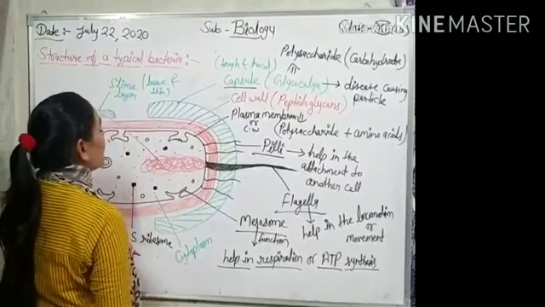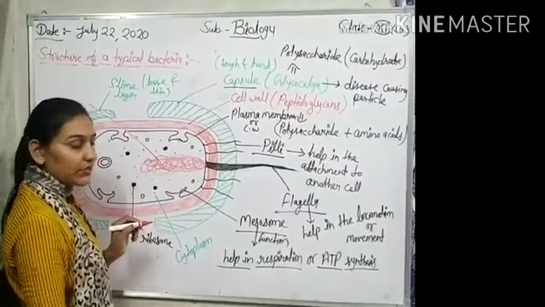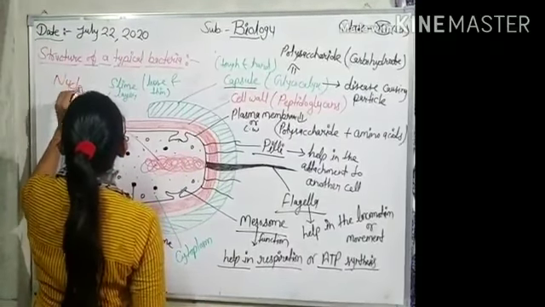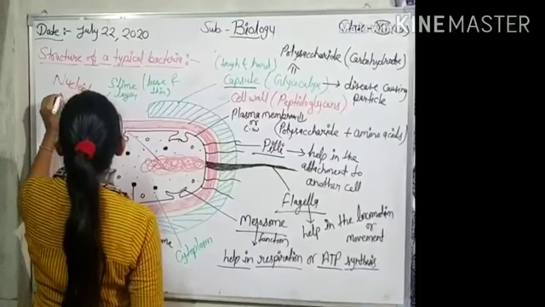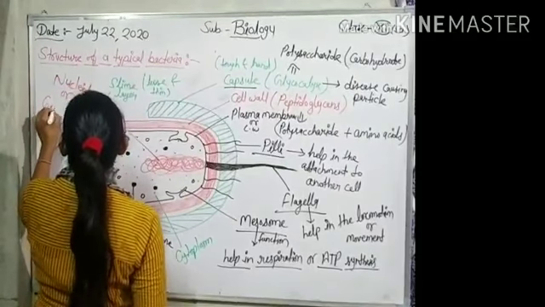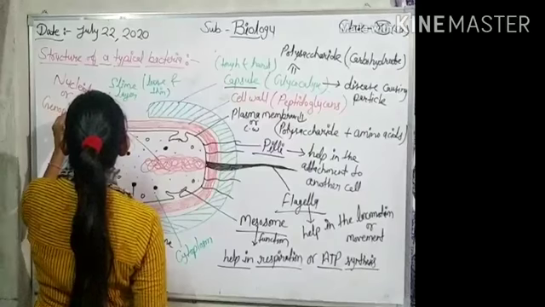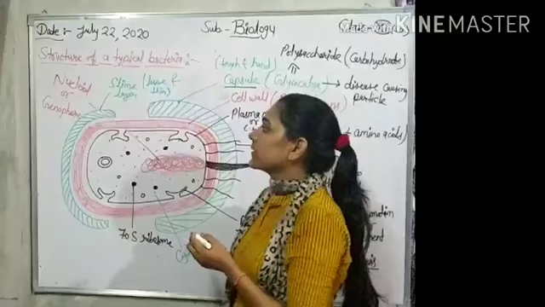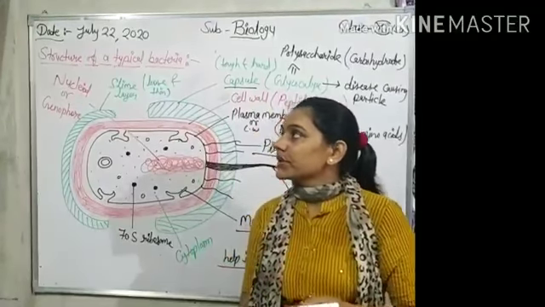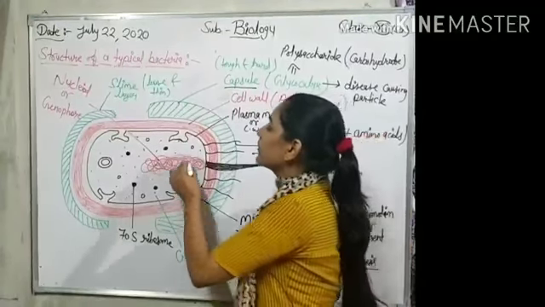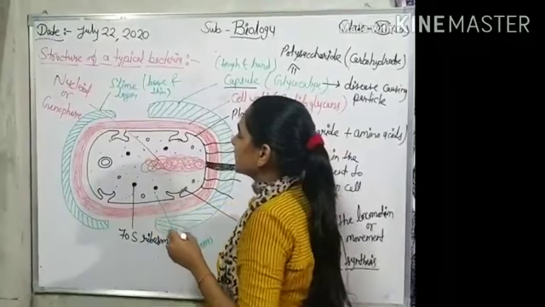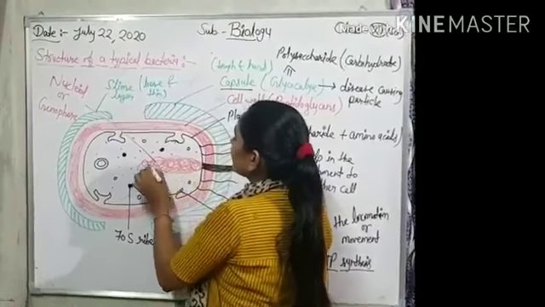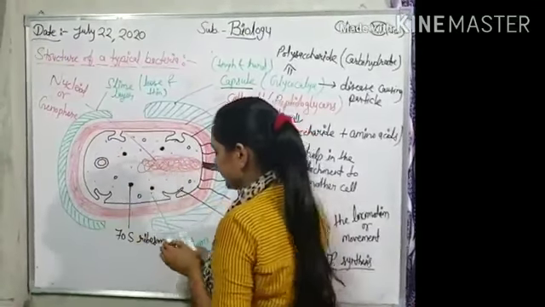Due to its primitive nature, it is known as nucleoid or genophore. The nucleus of bacteria is not a true nucleus because the nuclear membrane is absent, and it is spread in the cytoplasm.